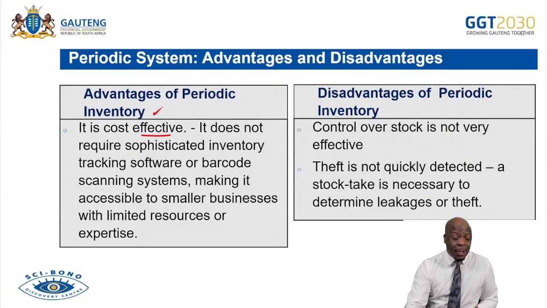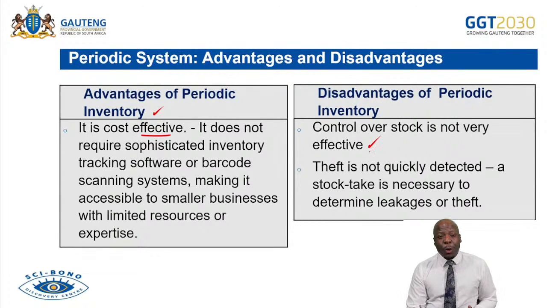However, it has its own disadvantages, such as the control over stock is not very effective. So you would find that stock shortages may happen and stock can be stolen, and we may not even know that there is stock that has been stolen because we only get to know the stock levels at the end of the financial period. So stock shortages cannot be easily detected, and stock theft cannot also be easily detected.